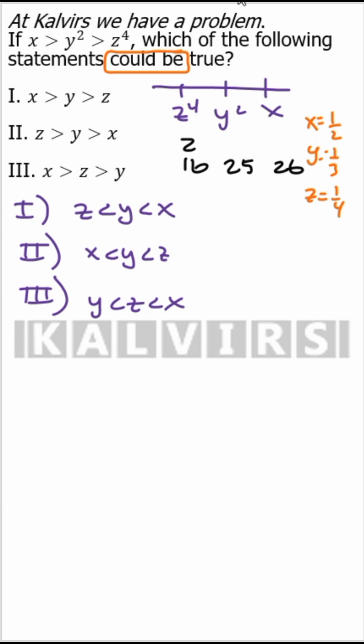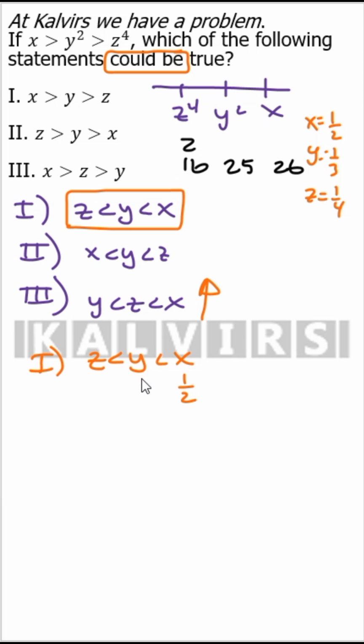So what will be the Kalvirs approach for this question? The approach is to go from the options to the question. Let's see if that works. In the first option, z is lower than y is lower than x. Let's try with 1/2, 1/3, and 1/4.